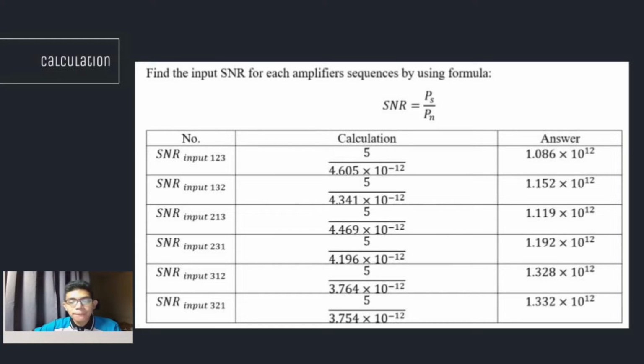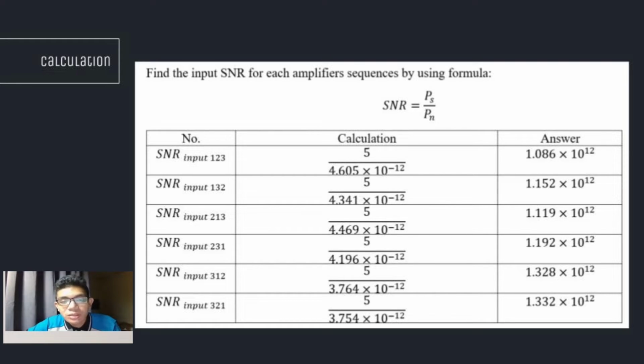Okay. So the first step that we need to take before we find the highest output signal to noise ratio is, firstly, we must find the noise figure for number 1, 2 and 3 by using the formula Fn is equal to 1 plus environmental temperature over the reference temperature.